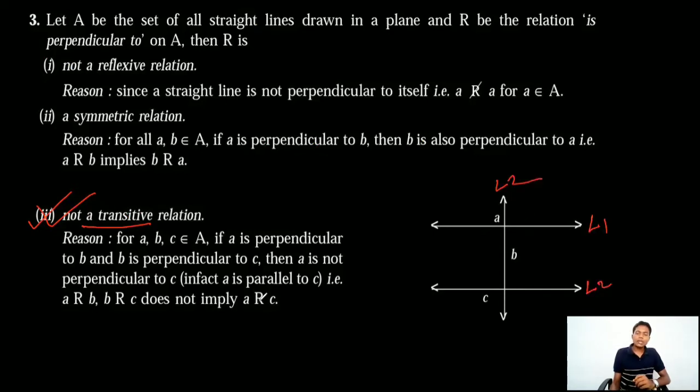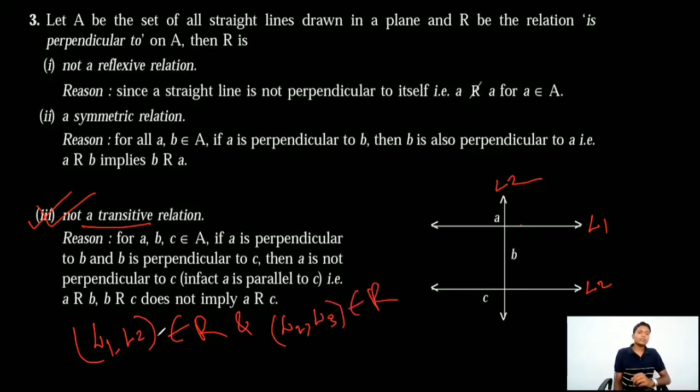So if we take L1 comma L2, any two straight lines belonging to R, and L2 comma L3 belonging to R. That means line 1 is perpendicular to line 2. The angle between them is pi by 2, and line 2 and line 3 are perpendicular.